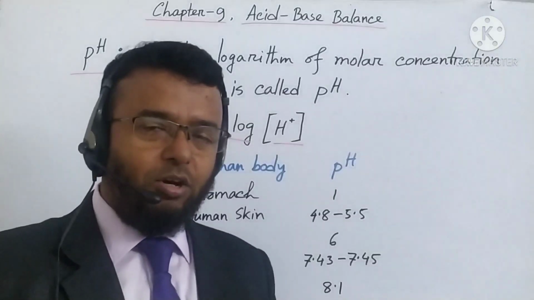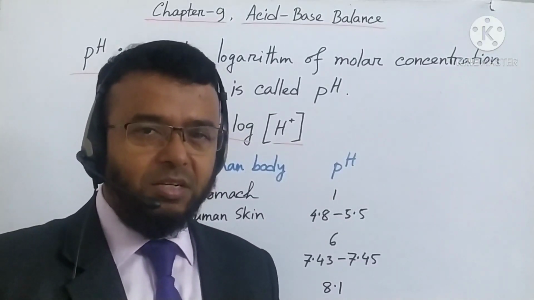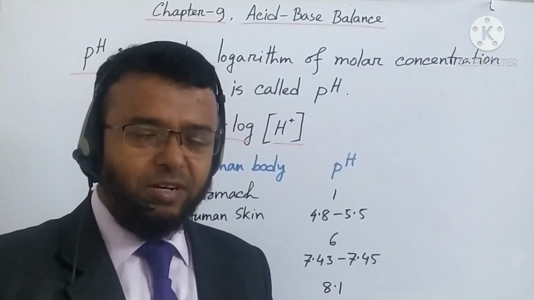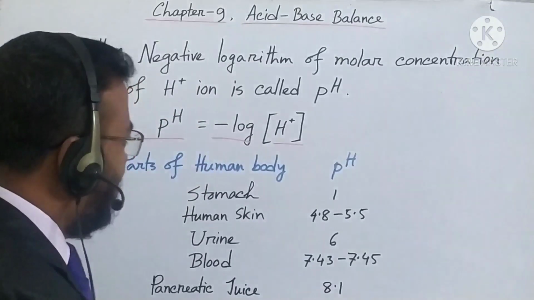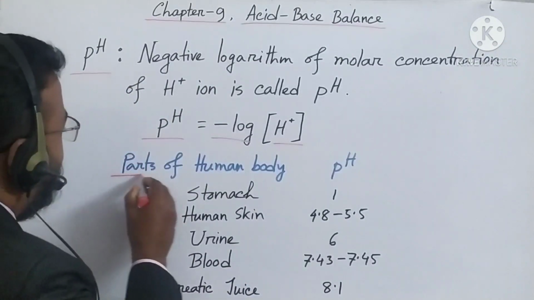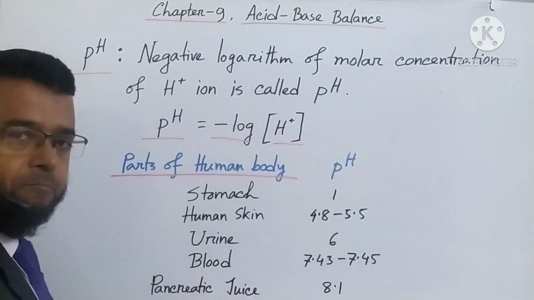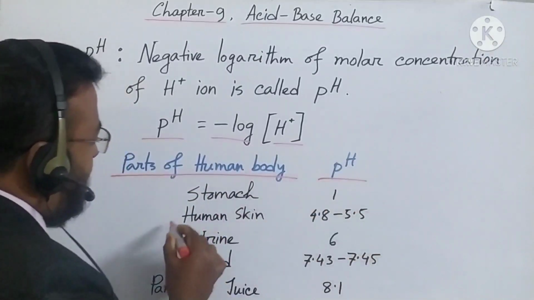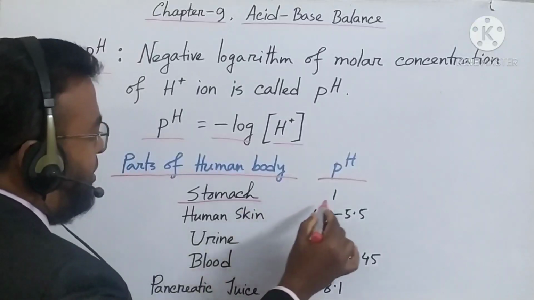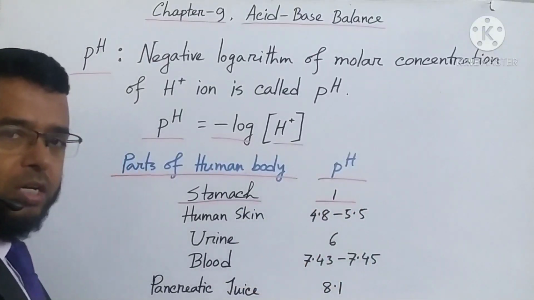Now in our human body, different organs contain different values of pH. I have written the parts of the human body and the value of pH. The first one is stomach, the pH value is 1.